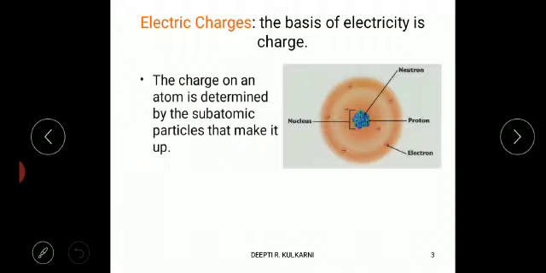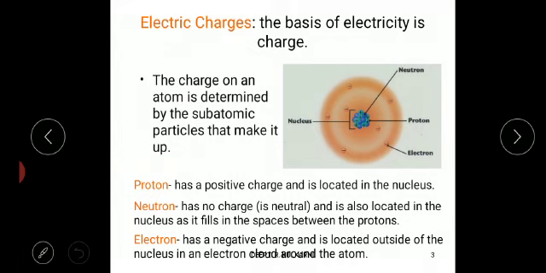Proton has positive charge, neutron has no charge. Both proton and neutron are in the nucleus, and electron has negative charge which is located outside the nucleus and it is revolving around the nucleus.